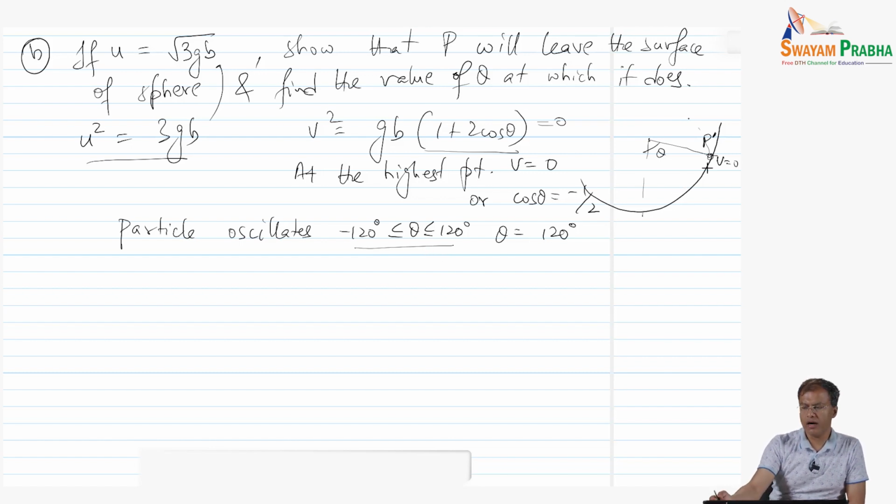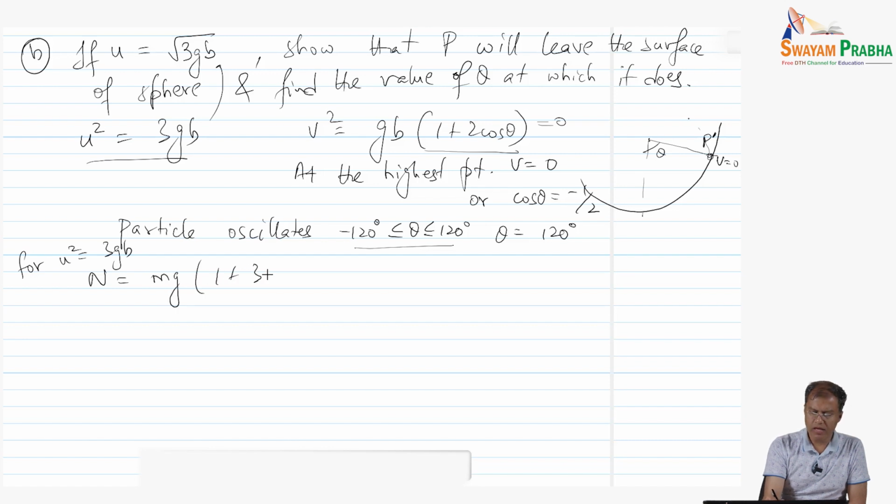It is going to take off, or go up, or go away from the surface of the sphere. Now notice what the normal reaction is. The normal reaction that we had found for u square equal to 3gb comes out to be mg(1 + 3 cos theta), and the normal reaction will be 0 when cos theta is minus 1/3, or theta is 109 degrees.